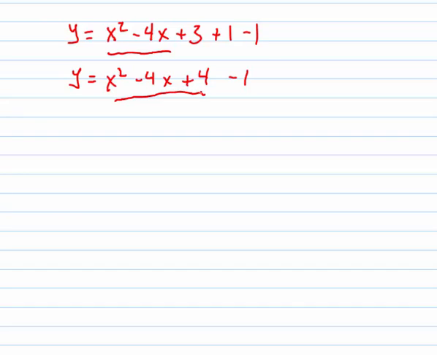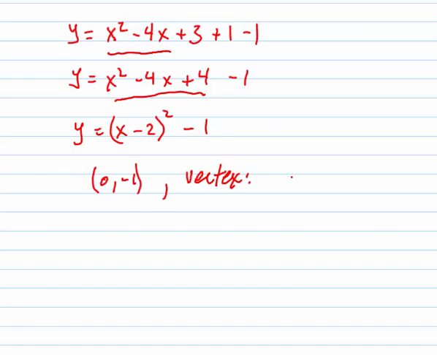Now this is a perfect square. So y is equal to x minus 2 quantity squared minus 1. And we know how to handle that. So let's just graph it real quick. The vertex is when that's 0, so we got x equal to 2, and when that is 2, we got y is equal to minus 1.